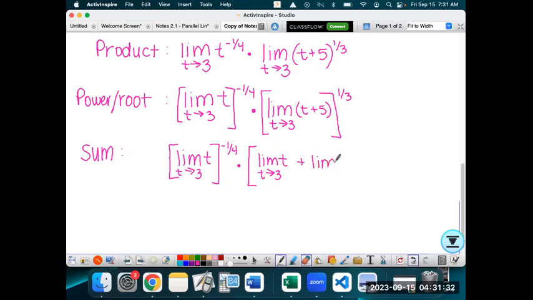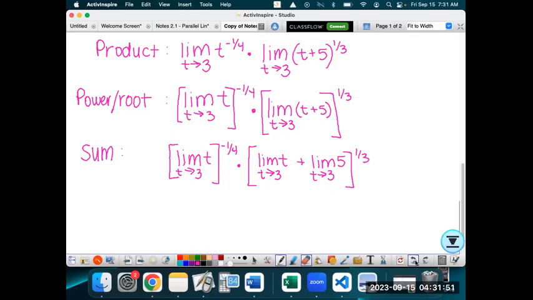Putting them in their own limits, I now have it broken up into limits of my single variables and then my limit of a constant. So I can go ahead and evaluate all these.